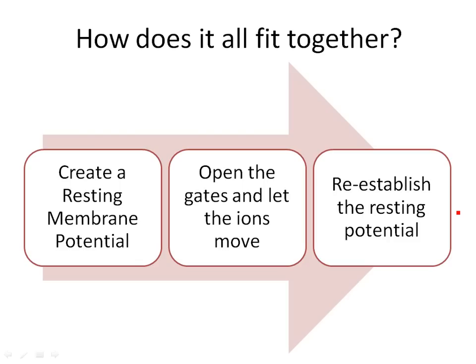So again, step one, create a resting membrane potential by having closed gates and pumping ions. Then open and close gates strategically to let ions flow to generate electricity. Then finally, close the gates and pump the ions back into their original position. So how does a neuron do this?